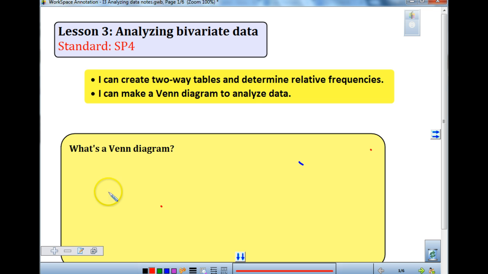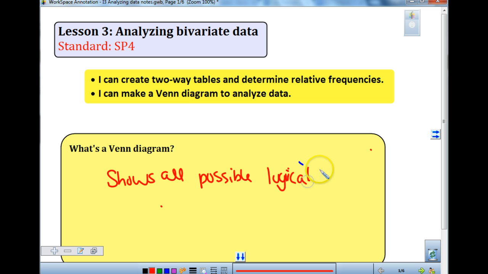So when you think about a Venn diagram, what it does is it shows all possible logical relations.